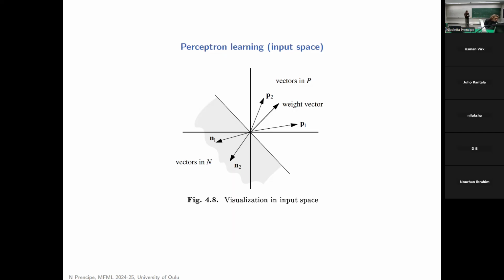Maybe another thing that might be useful: imagine that you have X and W like this. When a positive is wrongly classified, what is going on?